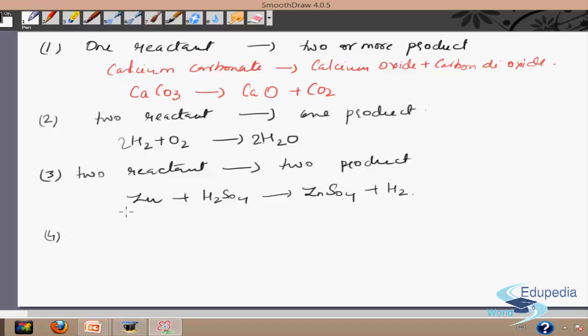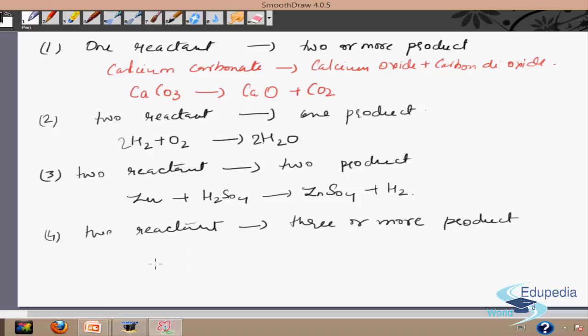Now if we take the fourth condition, that if we have two reactants giving out three or more products, how will we write the chemical equation?